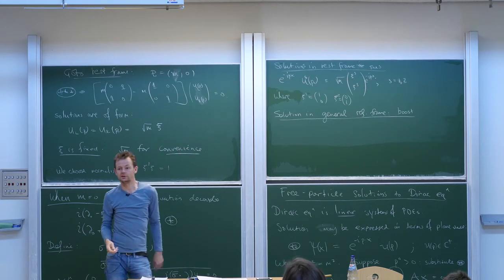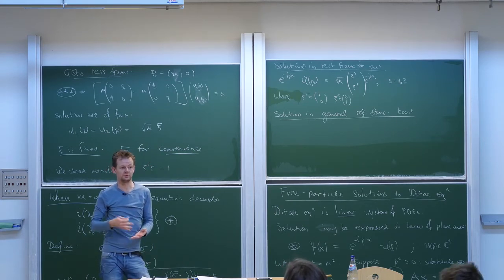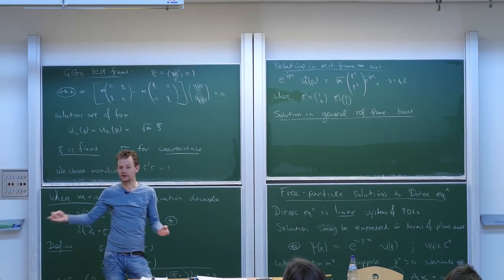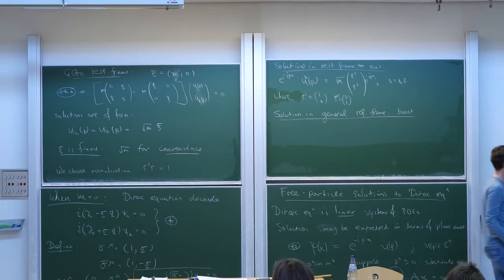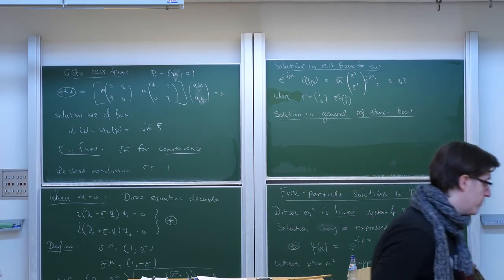So to get a solution in a general reference frame, we perform a Lorentz transformation. We boost our current solution and look at it in the other reference frame. And we know how to carry out Lorentz transformations on spinors, so we just have to find the matrix and multiply.